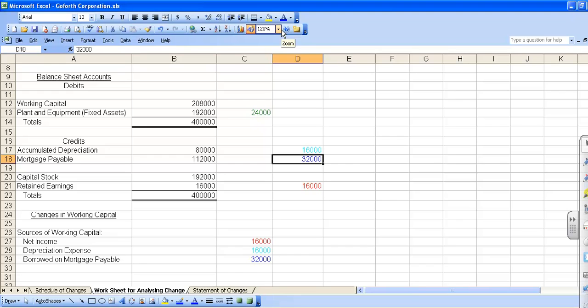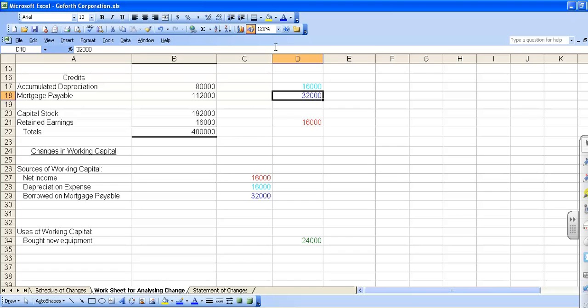Item E shows that we paid on our mortgage $16,000. So that's going to be a use. And so we're going to put in here paid on mortgage payable. And remember the uses are credits, so 16,000.